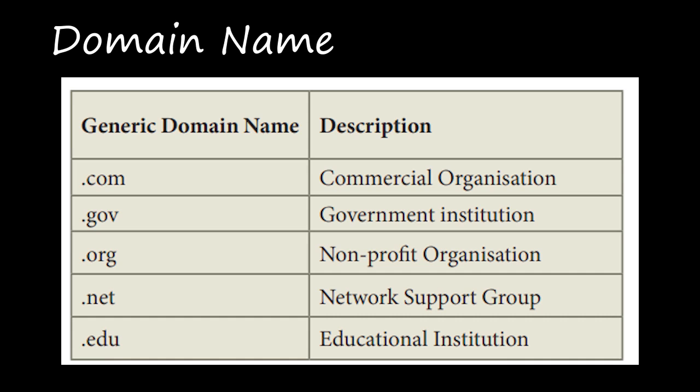Com means commercial organization. .gov is government or institution. .org is non-profit organization. .net is network support group. .edu is educational institution. These are all the generic domain names: .com, .gov, .org, .net, .edu.